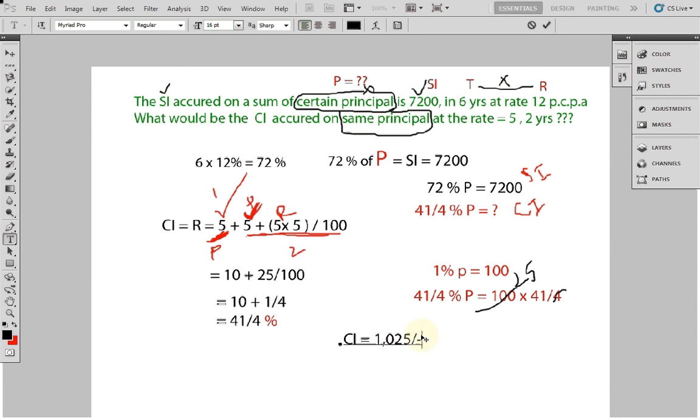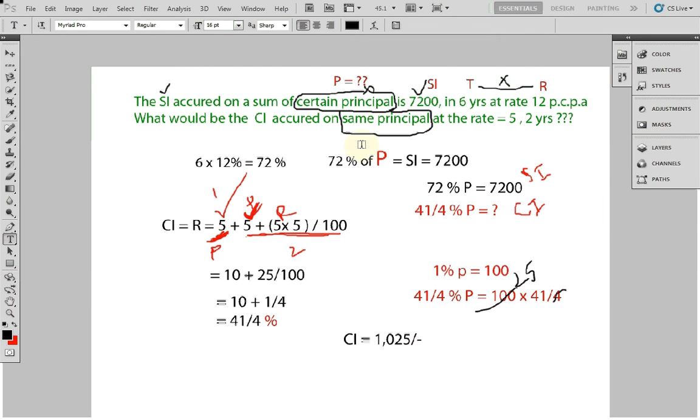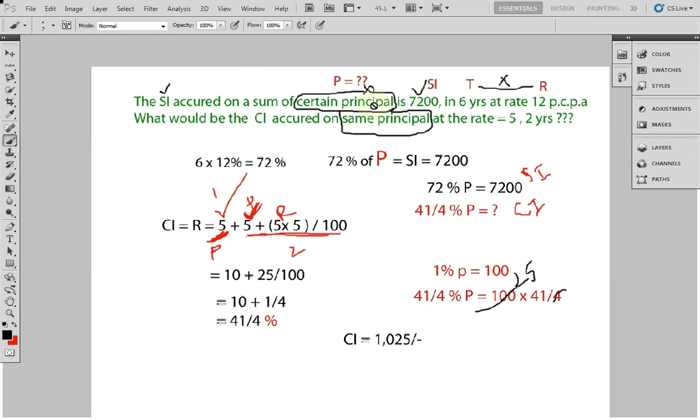Have you all got me? Yeah, now again I will let you understand. I will repeat it. Here simple interest occurred on a sum of certain principal. Principal is not given, simple interest is given, time is given, rate is given, and he is asking compound interest on the same principal. Here principal is the same, so no need to bother about the principal.